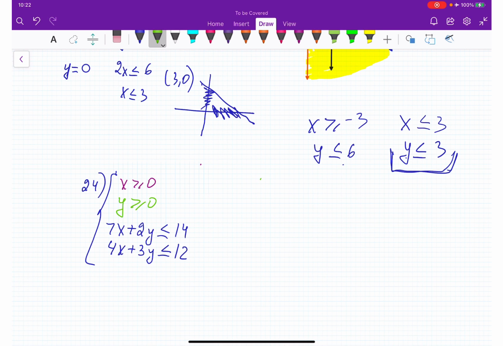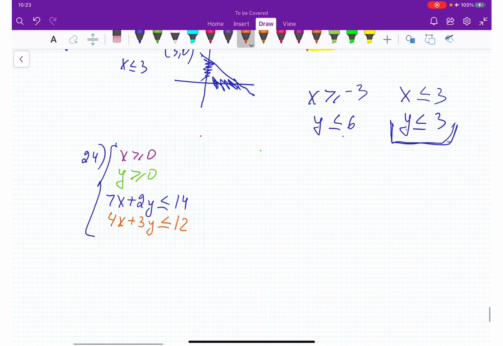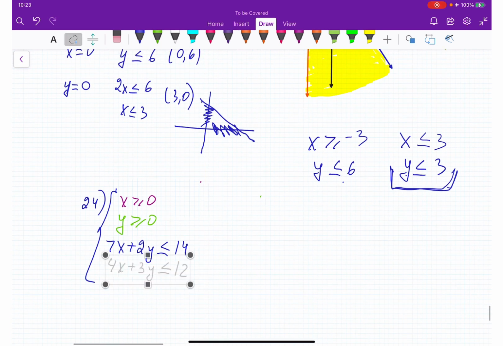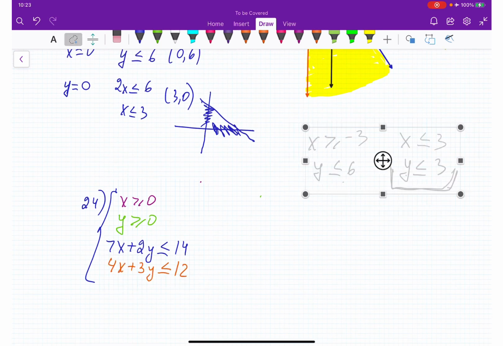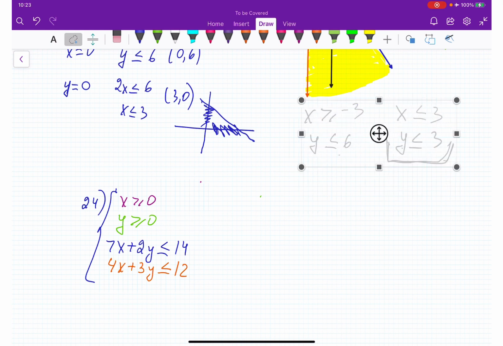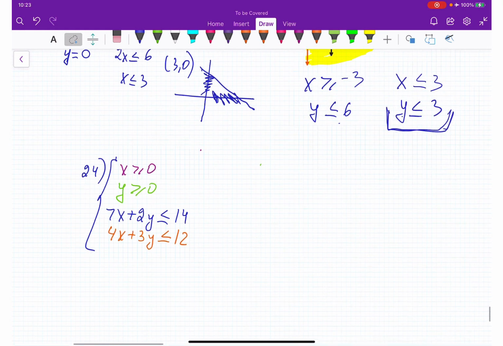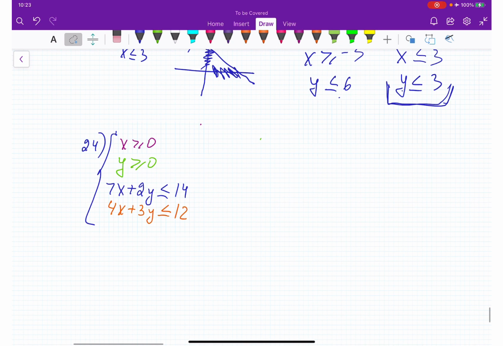Okay, this one will be blue, and this one, oh, brown. We got it. So for purple and green, there is nothing to do. All we have to do is draw the graph. Let me move this up. And all we have to do is solve the blue one and the brown one.